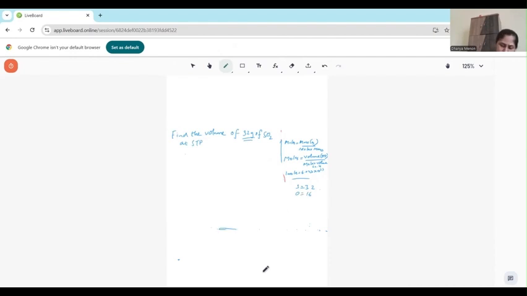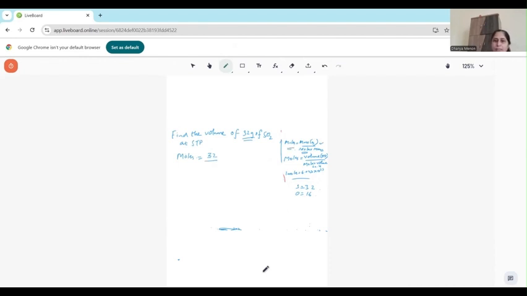From here, can you find out the number of moles? You know the mass in grams. Molar mass you can find out. It is sulfur dioxide. So mass in grams is how much? 32. The formula is written here, so I'm just doing it directly.